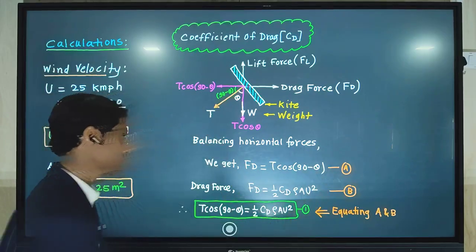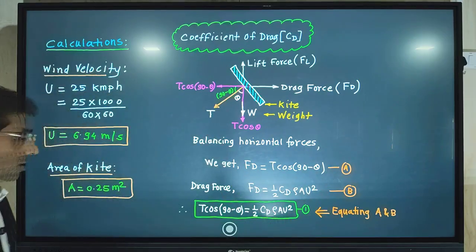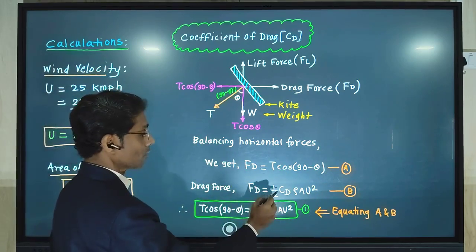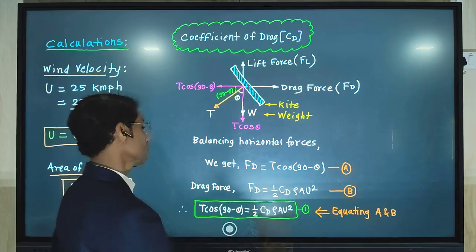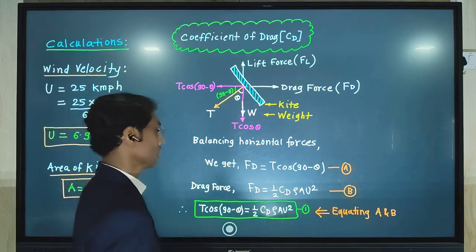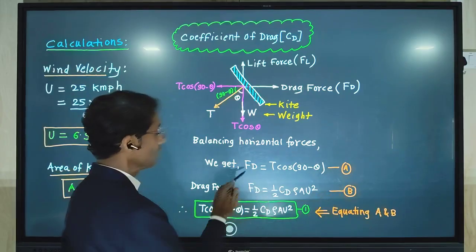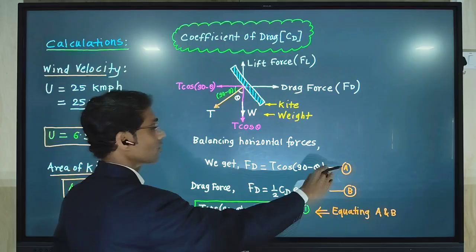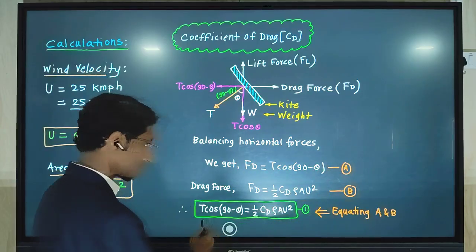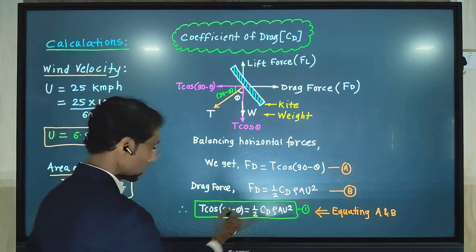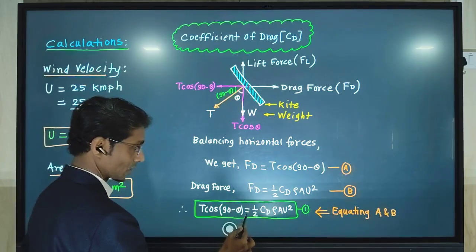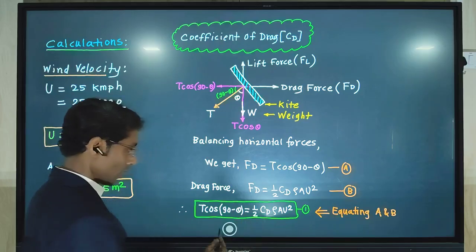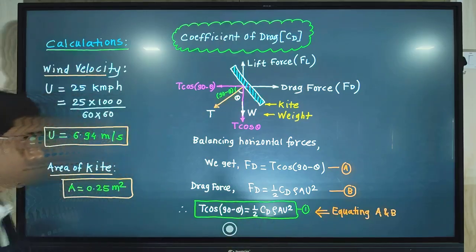We will say this as equation number A. From the theory we know Fd is equal to half into CD rho A capital U square, say equation B. If you observe A and B, left side is the same. So we can equate right side of the equation A and B. And this equation we solve.